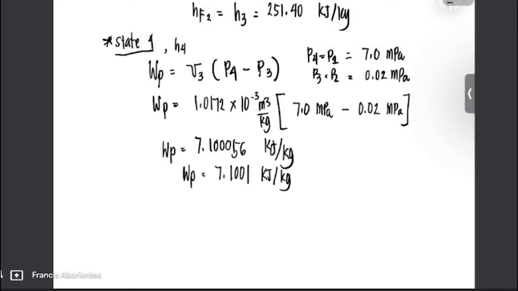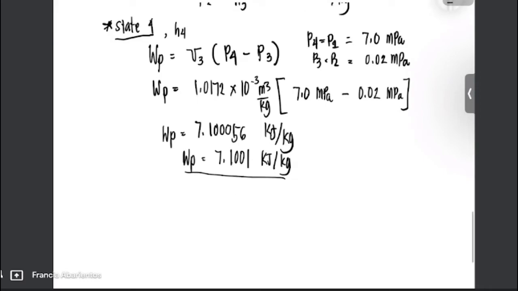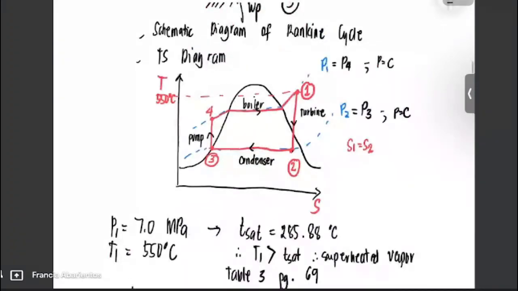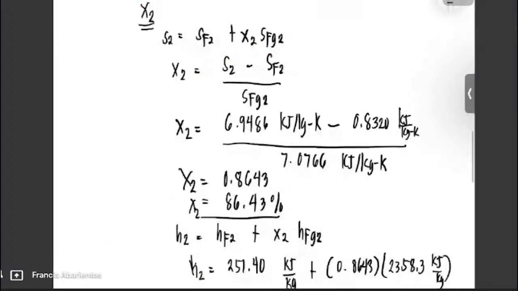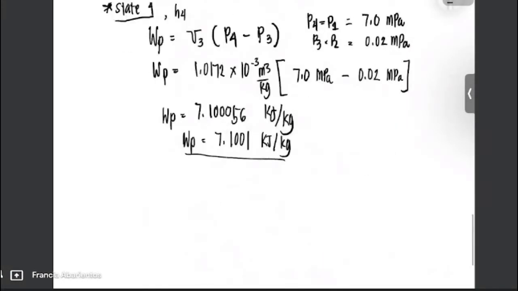Okay, balik tayo. So, we have now the work of the pump. Pag hindi nyo alam, i-draw nyo ulit. Balikan nyo tong schematic diagram sa may pump. Pag hindi nyo na alam yung gagawin nyo, energy equation ka ulit.